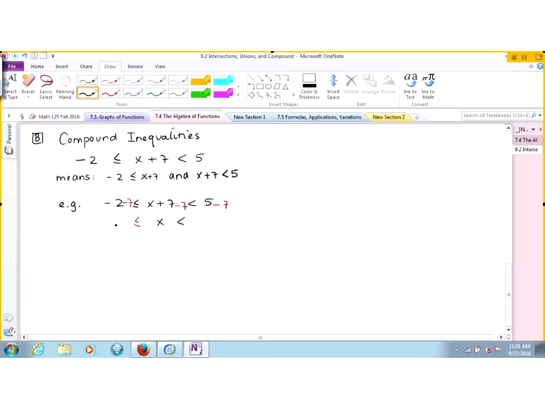Negative 2 minus 7 is negative 9, and this is negative 2. Notice that I'm doing them at the same time, not splitting them up. So then, when we draw, okay, negative 9 closed, right?